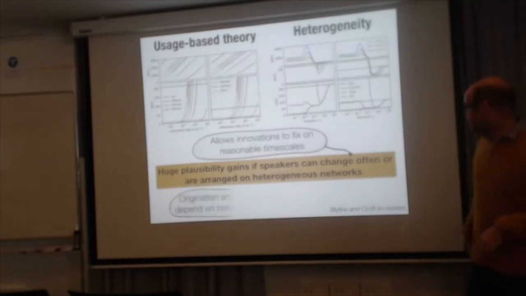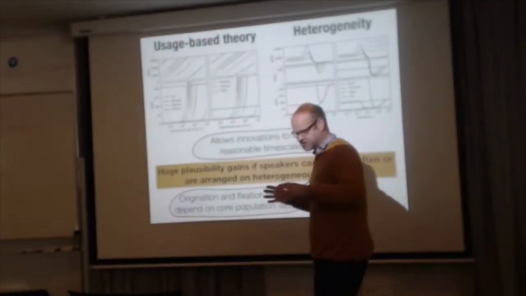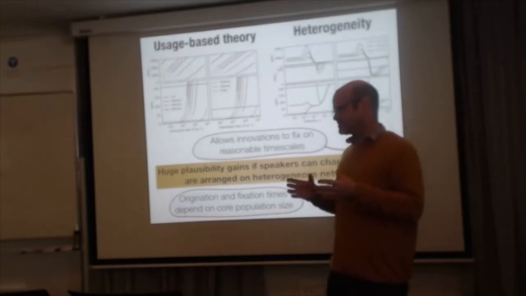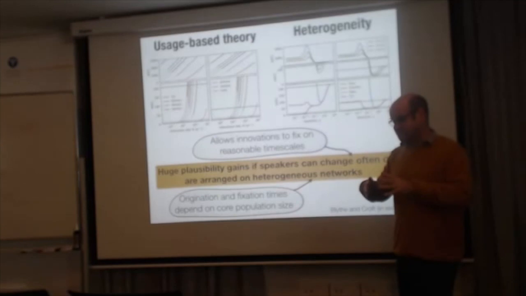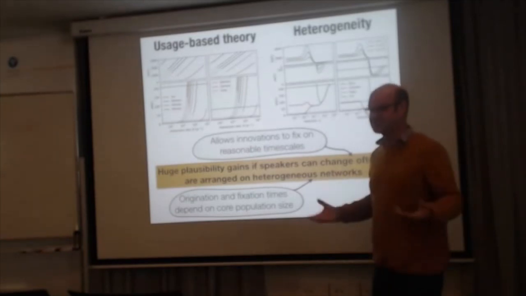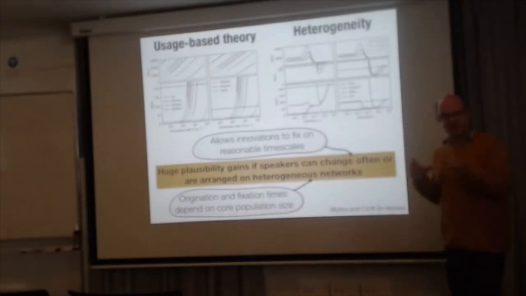And why does heterogeneity help? The reason why heterogeneity helps is that, certainly within the model that we've used, and you can think of various mechanisms that might work for this, if there are certain individuals who manage to have a much bigger impact on the linguistic behaviour of the population through their prestige bias or through just the fact that they talk to more people or whatever it is, then you can identify two groups of people.